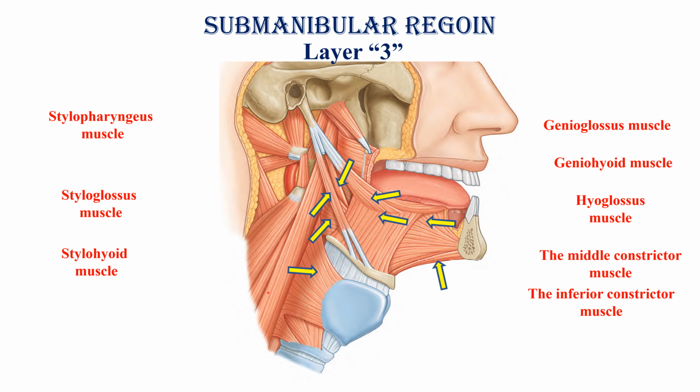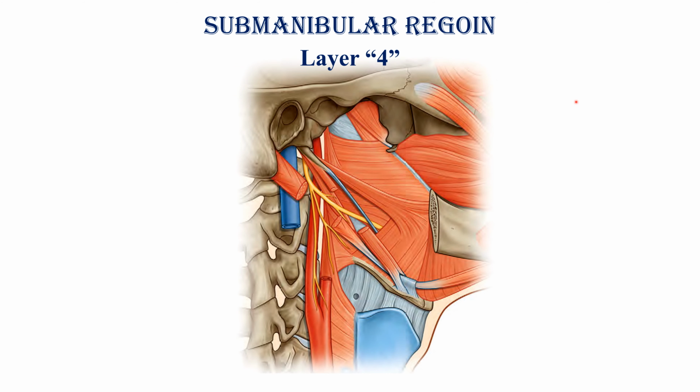So the three constrictors can be seen in that diagram here. Here is the last layer, or the last slide, which should show a group of muscles in relation to each other, and they are forming the last layer before we remove the superior, middle, and inferior constrictors to be in the cavity of the pharynx.